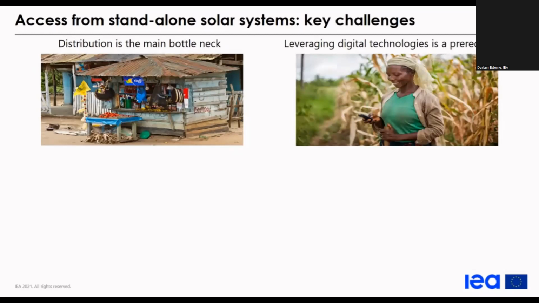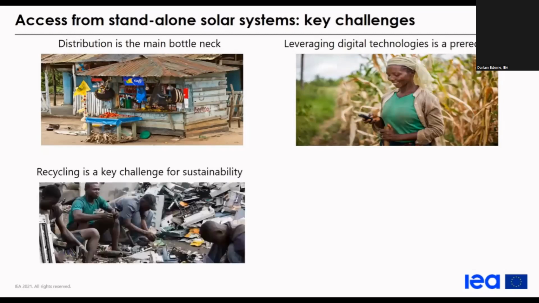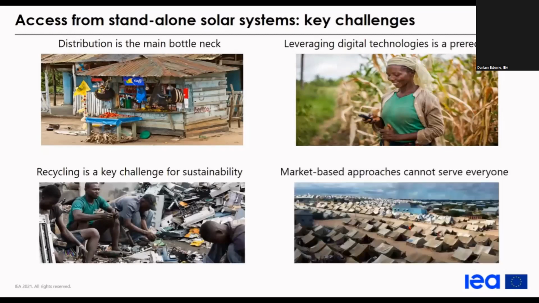But this requires mobile banking services as well as strong connectivity. Then all those products have a limited lifetime. So thinking from the beginning at recycling is key.